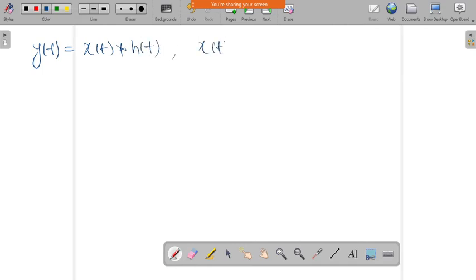Now x of t, which is given like this, so this is the sample at 0, this is 0, this is 1, 2, this is t. That is nothing but e power minus 3t into u of t minus u of t minus 2.